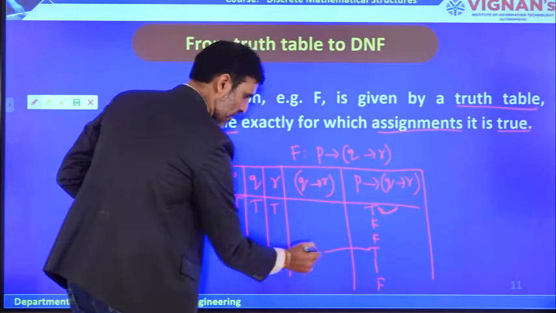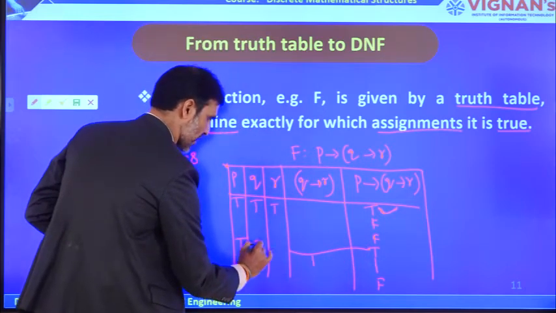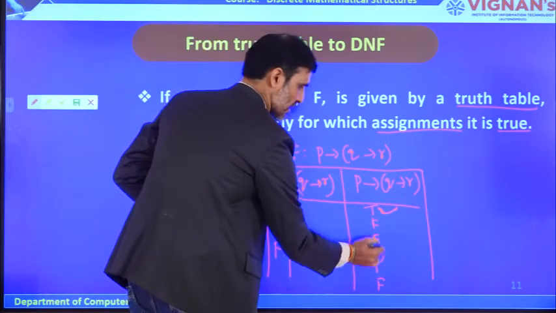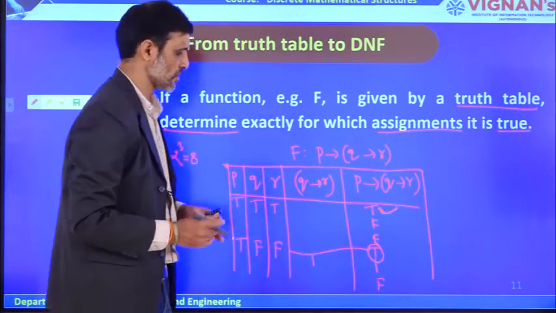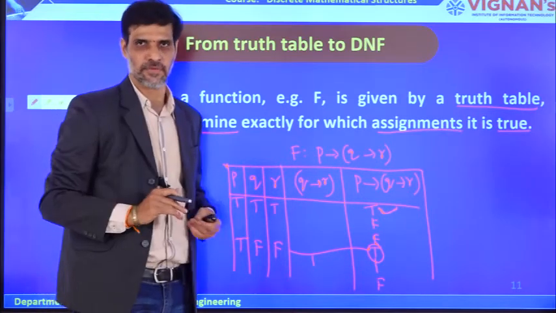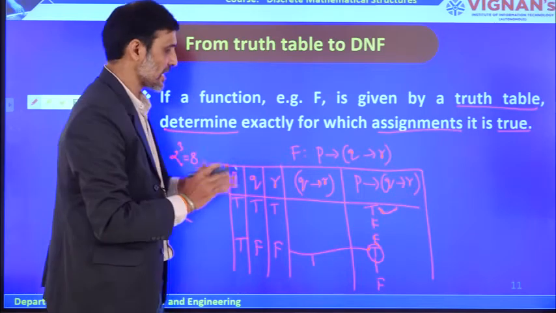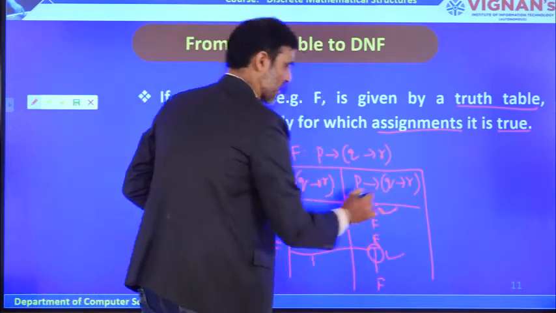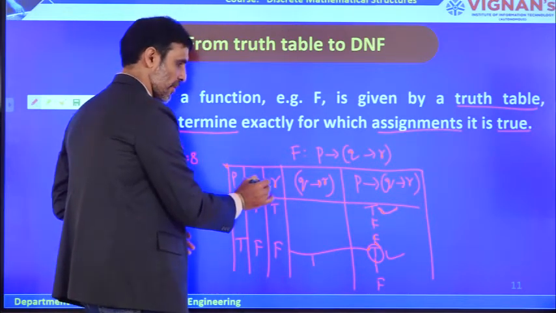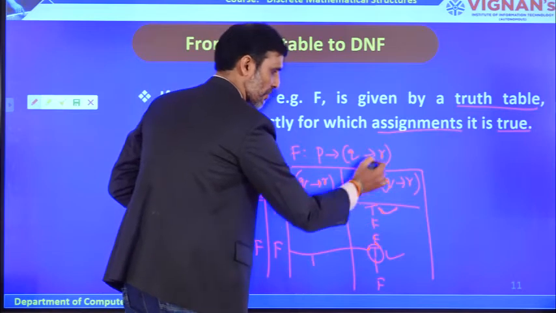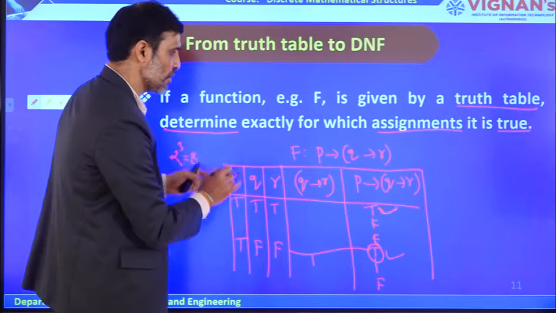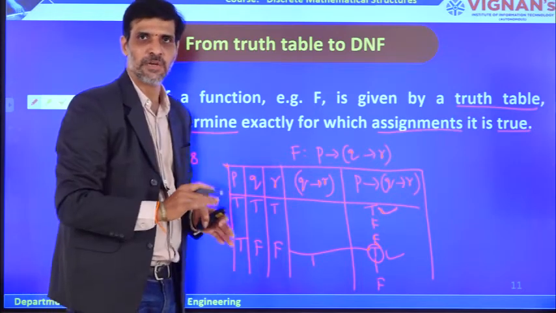Similarly, suppose I am taking true, false, false. Assume that is what you got as the truth value for this. Assume these are the two true values we got, and the remaining are all false. So you need to determine for which assignments of the given propositional variables this entire compound proposition will be true. Those assignments only you need to consider, and the remaining assignments you need not consider.